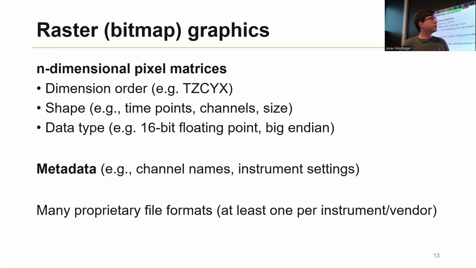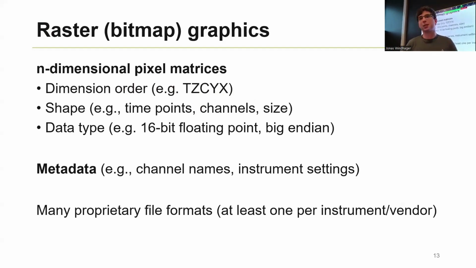They have a shape, so each of these dimensions has a size, and a data type. But importantly, they also have metadata, and this is what standards often try to focus on a lot. For example, the individual channels in an image have channel names. This would be considered metadata. And there are many, as you all know, proprietary file formats. Almost every instrument has its own format.